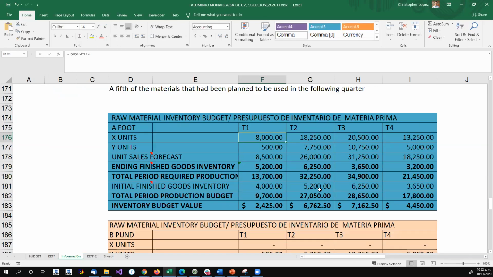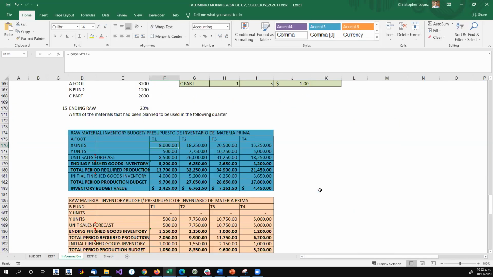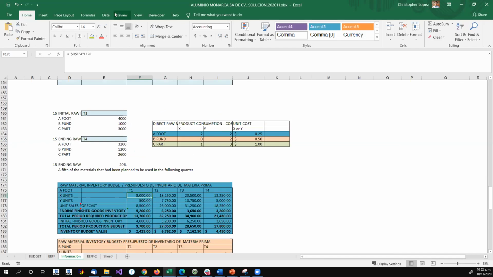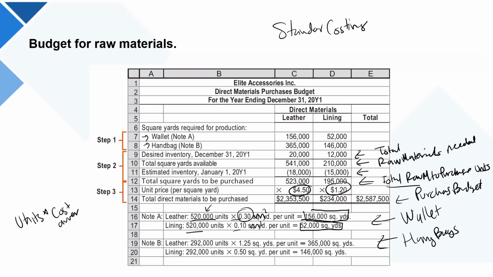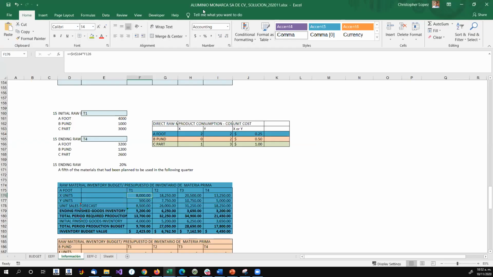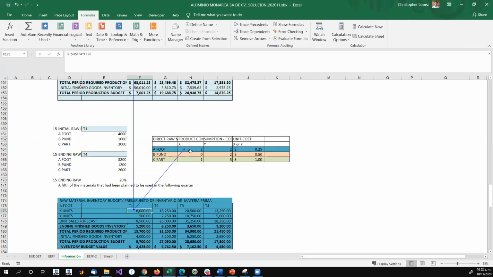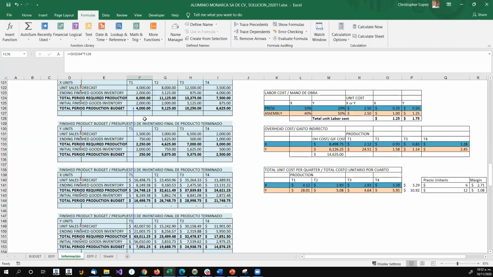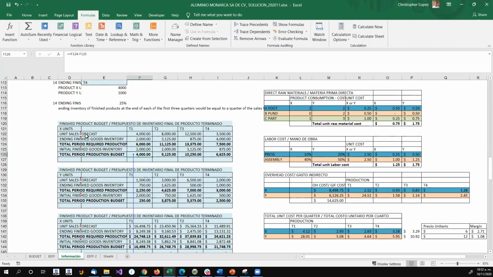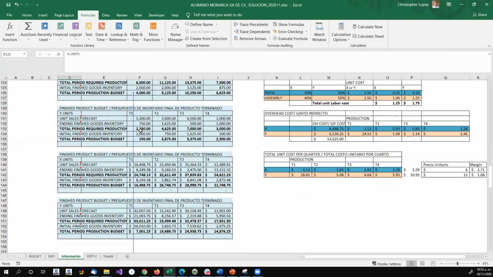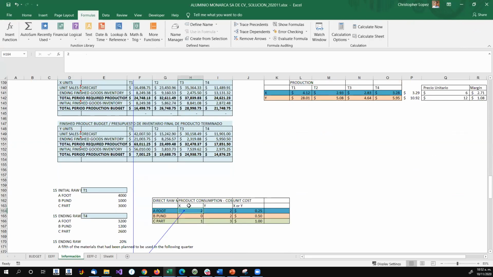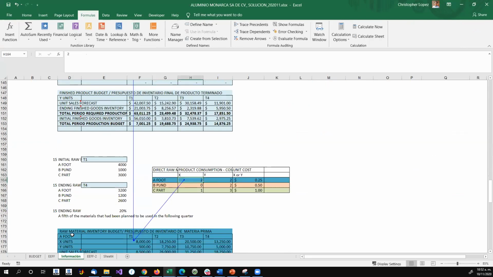I'm gonna do this. So you see what I multiply. The first part, remember, is that we need to find out how much of each material is used by each product. So I'm going to multiply my production budget here for X units times the usage of material for X units in A, which is the part that I'm using here.